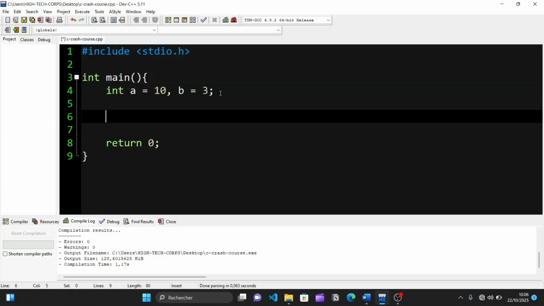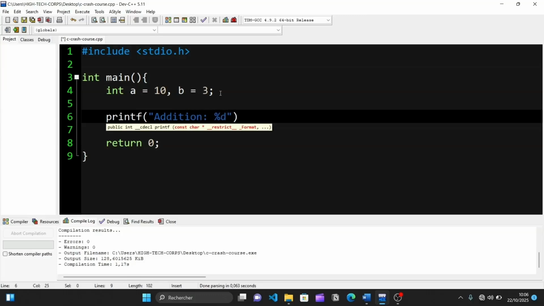Now let us perform an addition operation and print the result. I will write my printf message, and then I will say addition, which will be %d.